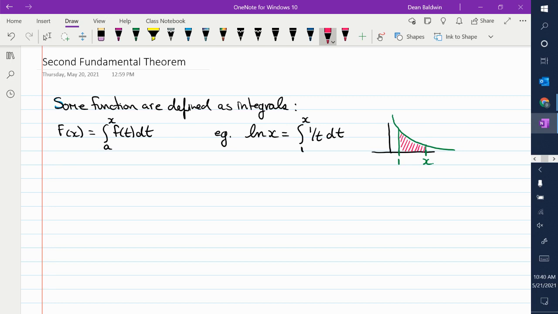So when I say, or in Math 12, when we said, okay, what's the natural log of, I'll just say 2. That means the integral from 1 to 2 of 1 over t dt. Wait, where's my calculator?